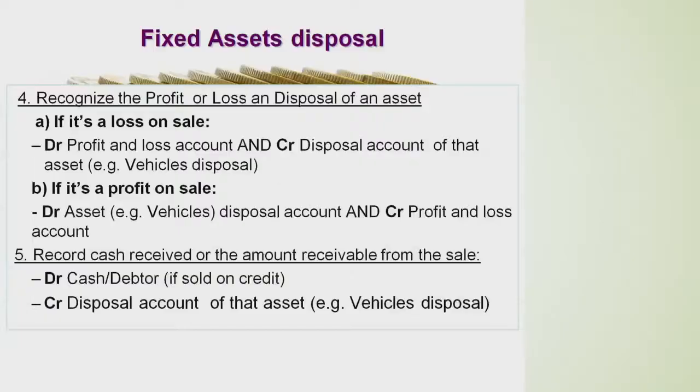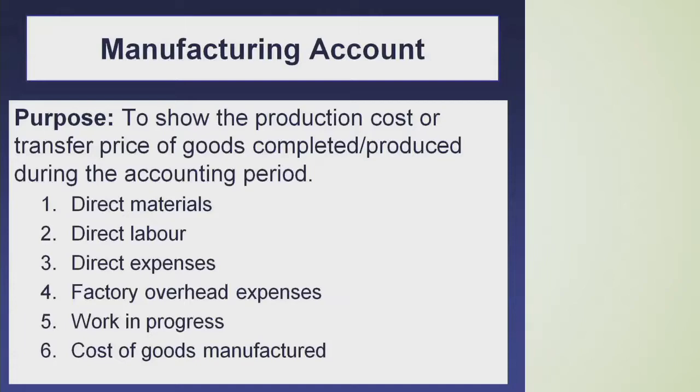Fixed asset disposal. Now we are going to talk about the manufacturing account. I think we have exhausted the depreciation. The manufacturing account's purpose is to show the production cost or transfer price of goods completed produced during an accounting period.